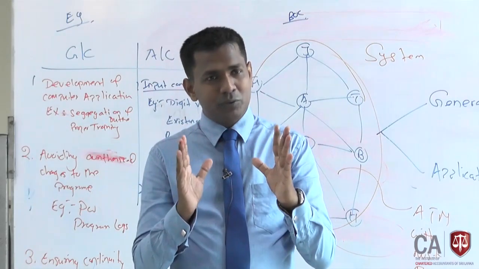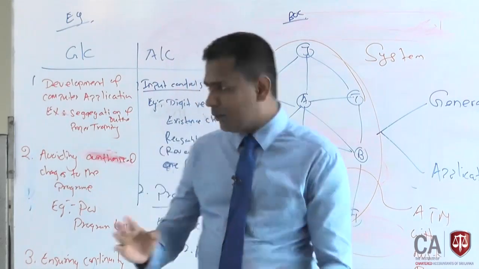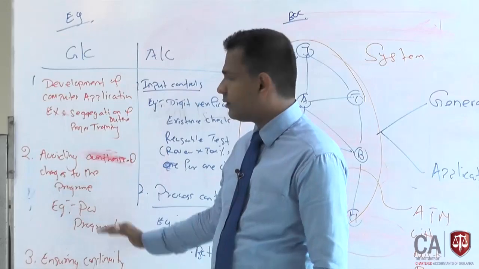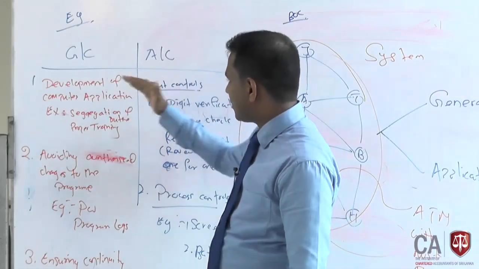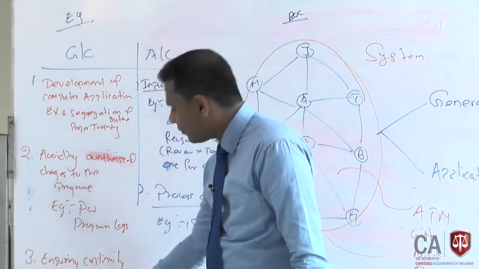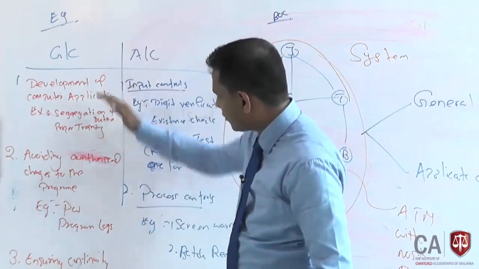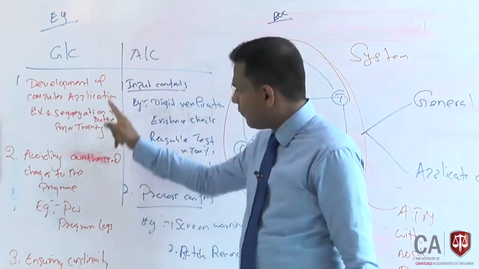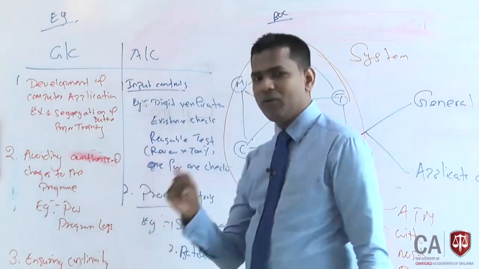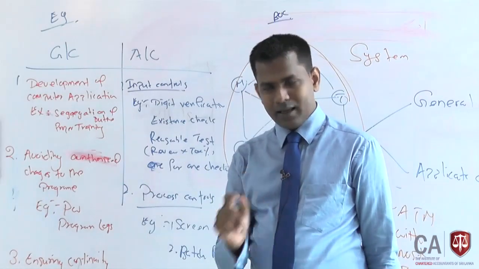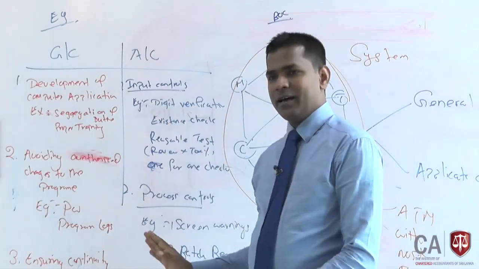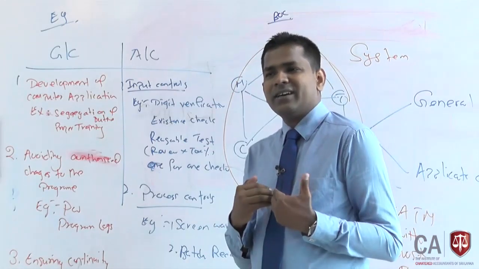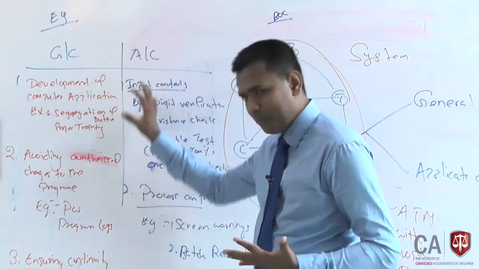I want you to put a short note on the 4 controls. I have written here 3: general control, application control. I want you to put a short note, one page, 4 controls with 2 examples for each one. And if you can't logically remember this, memorize it.